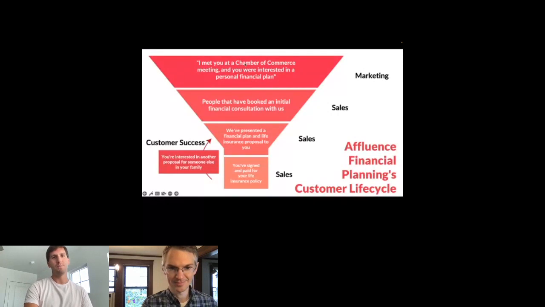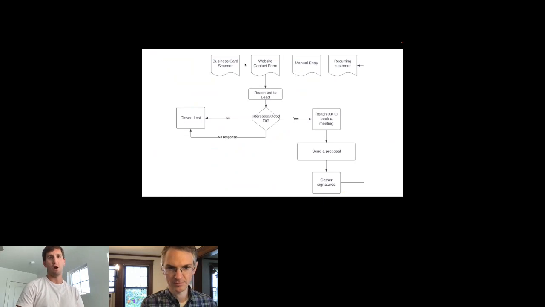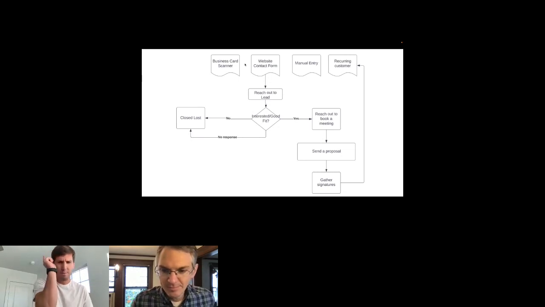A funnel is a generalized idea of the different stages that our customers go through in their life cycle to give us money. A flow chart is when that life cycle turns into discrete steps where we're able to identify, oh, that's a bottleneck. We are losing customers there. Prospects are slipping through the cracks there.